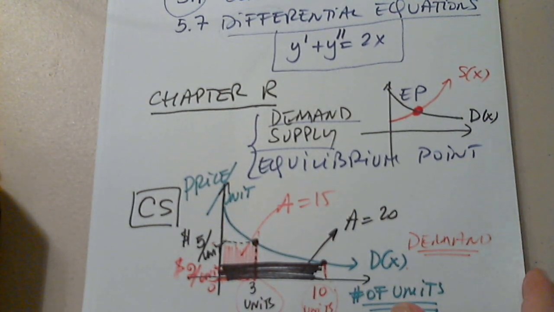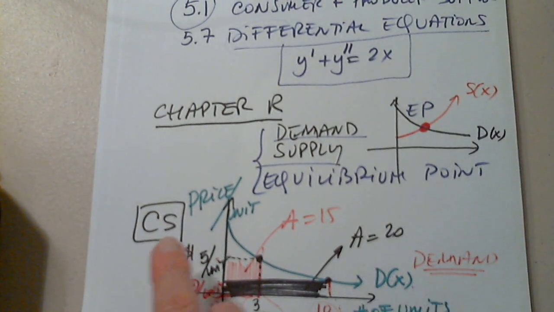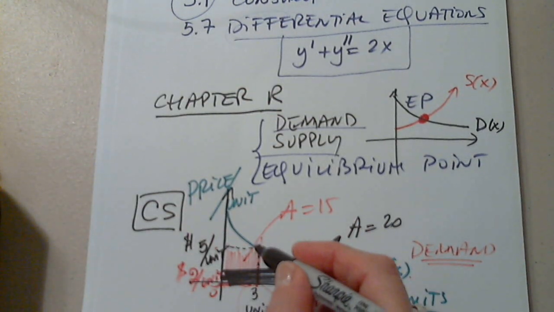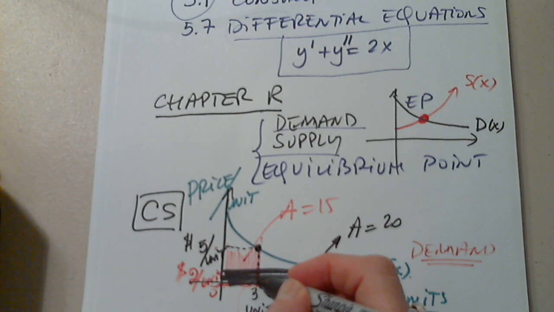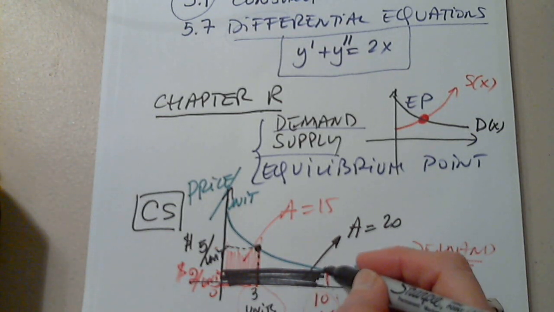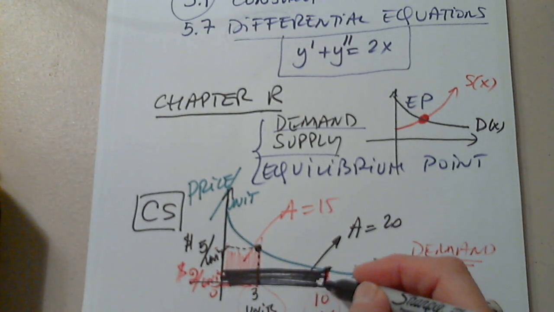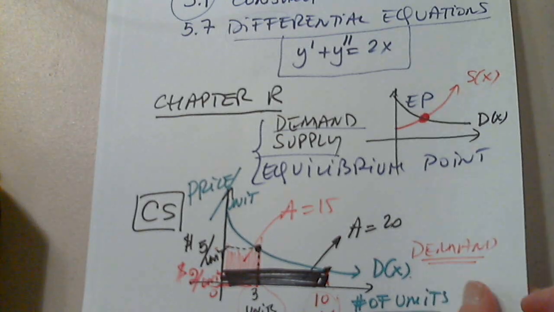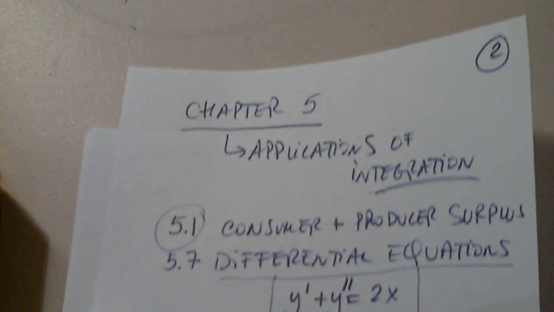I'm going to choose any of these 2 points to explain what is consumer surplus. We haven't talked about the consumer surplus. We only talked about if the price is this, then we are willing to purchase 3 units, pounds, whatever. If the price is here at 2, we're willing to purchase 10. So just for us to see how the curve works.